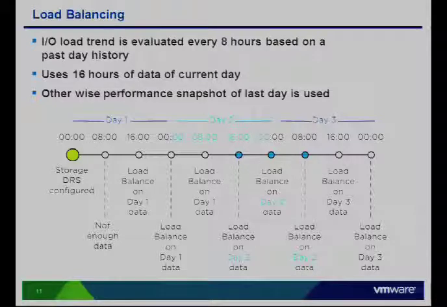At 8 o'clock next day, the same thing happens. It doesn't have that 16 hours of data, right? So it uses the previous day statistics. And at 4 o'clock, it has new data it can use. So at that point, it starts to load balance again. So in essence, you can say that Storage DRS will only load balance on I/O once a day.